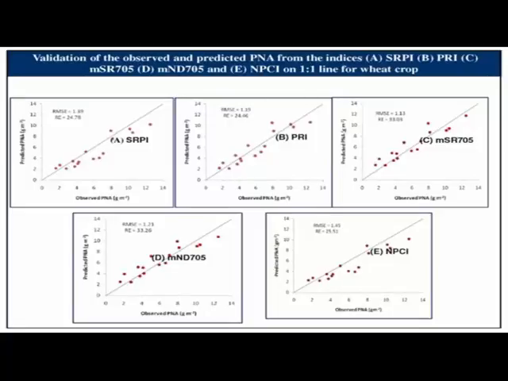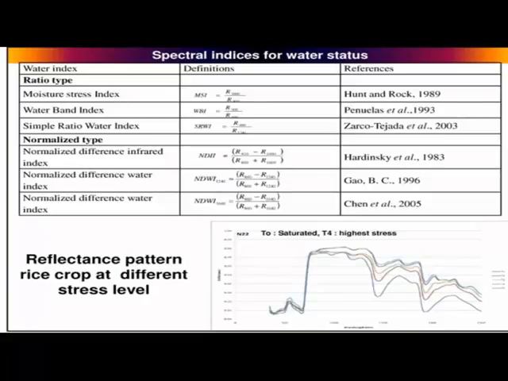similarly, like in the case of nitrogen, where you could see some of the sensitive bands used for nitrogen stress monitoring, with correlation ranking studies one can look for the indices. For example, the moisture stress index is nothing but the ratio of reflectance at 1600 to reflectance at 820.